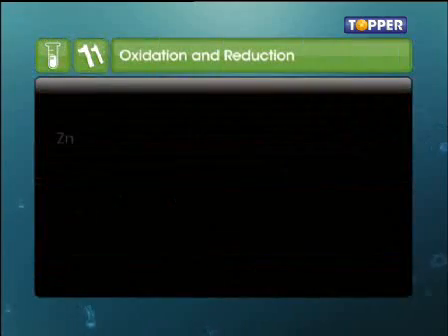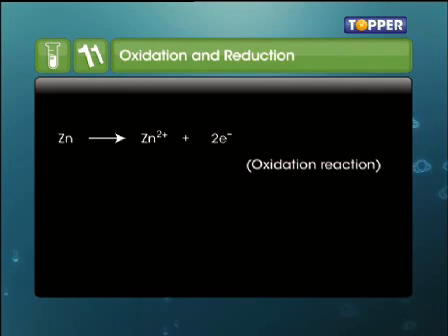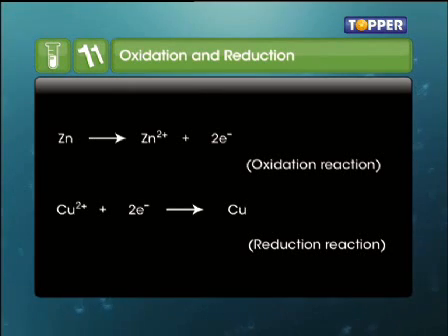Now, let's get to the bottom of this reaction and figure out what actually happened. In this reaction, zinc loses 2 electrons and is oxidized to form zinc ions. At the same time, copper ions in the solution gain the 2 electrons which are lost and are reduced to form a copper atom.